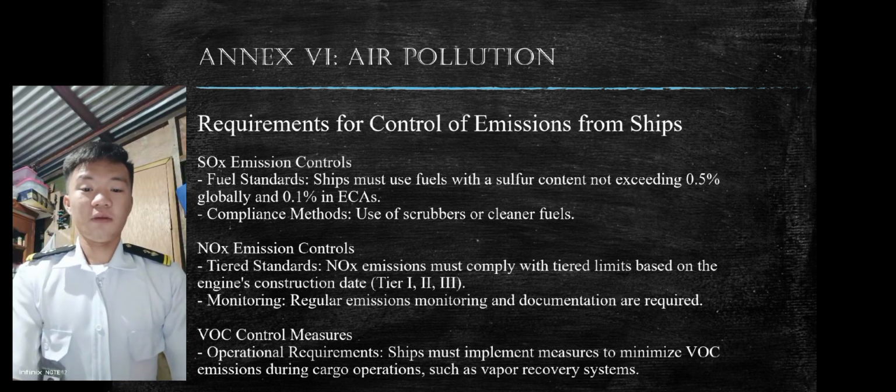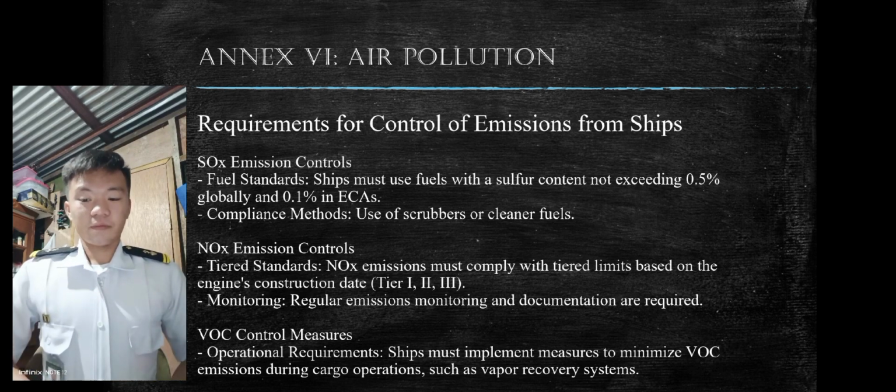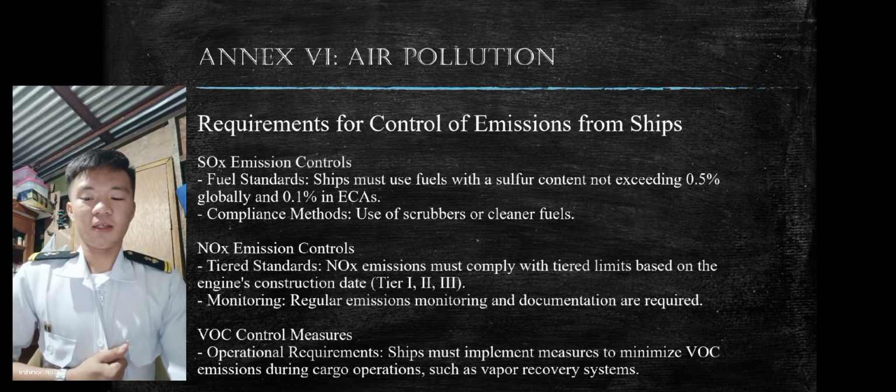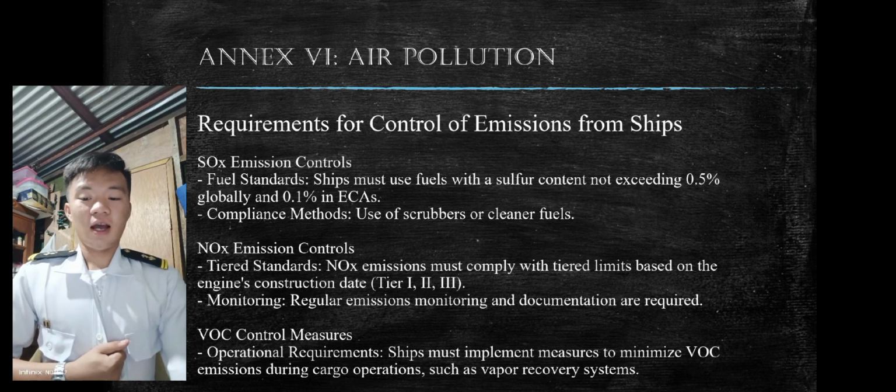ECAs stands for Emission Control Areas, or Sulfur Emission Control Areas stands for SECAs, an area which is strictly controlled to minimize airborne emission from the ship as defined by Annex 6 of the 1997 Marpol Protocol.